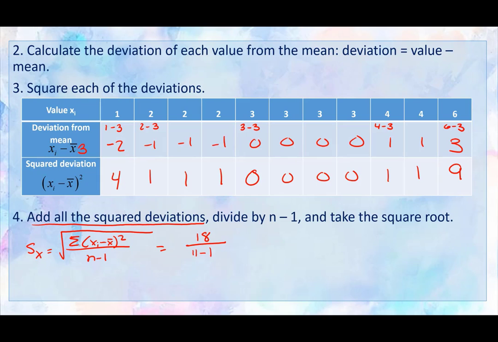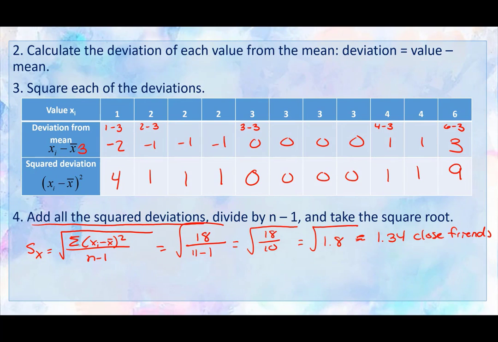And now we're just going to simplify. So we have the square root of 18 over 10, or the square root of 1.8. You can put that right in a calculator, and you're going to get approximately 1.34 close friends. Okay, so the standard deviation to this problem is 1.34.